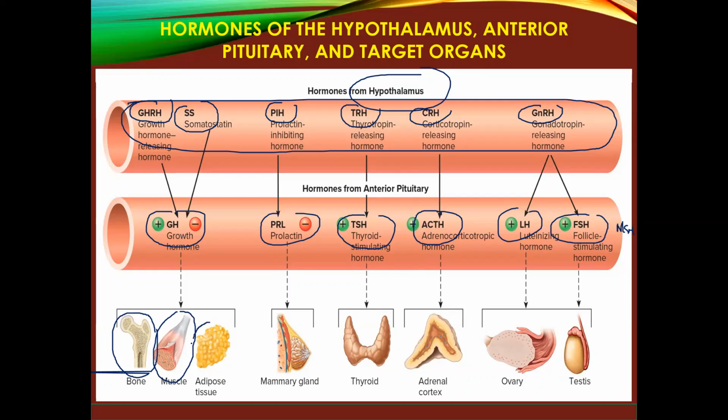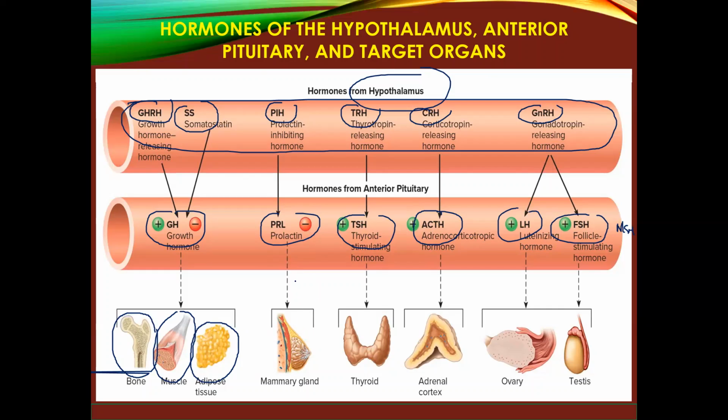And the liver and fat tissue, because this is the source of energy for growing. So these three organs over here become the target cells for growth hormone. So this is very logical. Okay, growth is mostly bone and muscle, and we require energy from the storage.